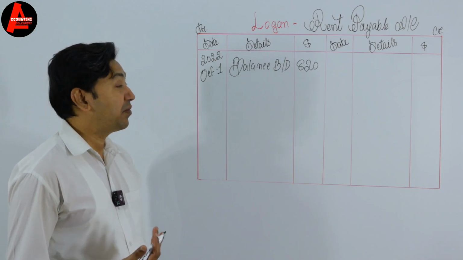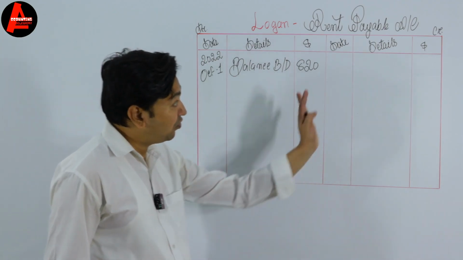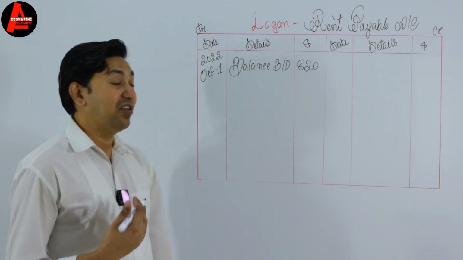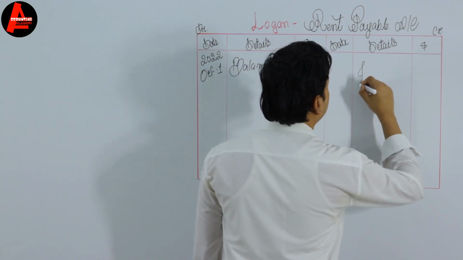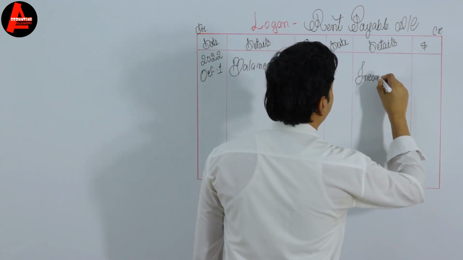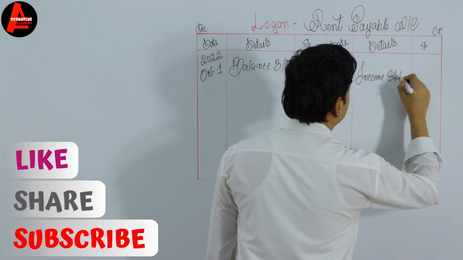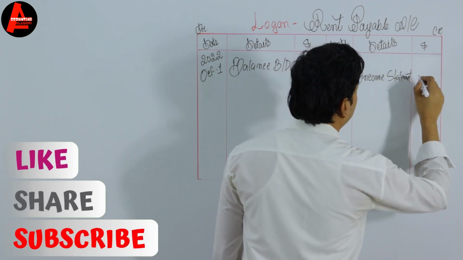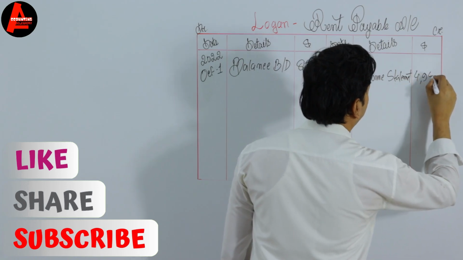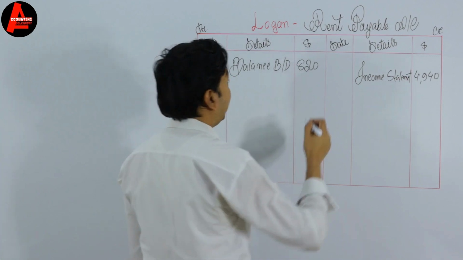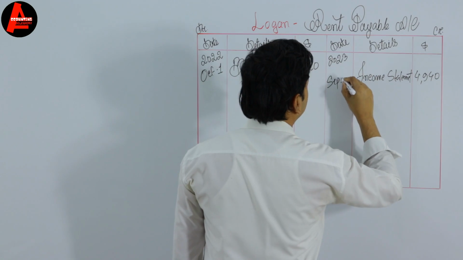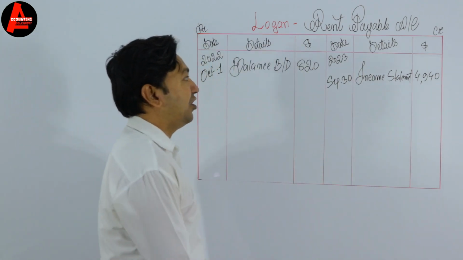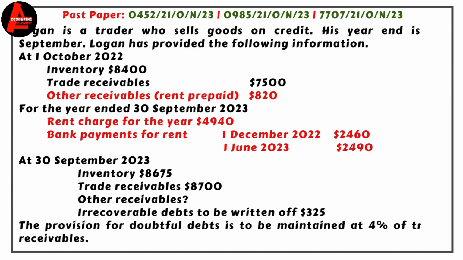So we go to the credit side and write this amount as income statement, $4,940, and the date is the last day of the financial period, September 30.